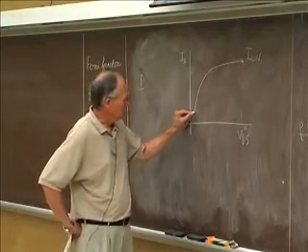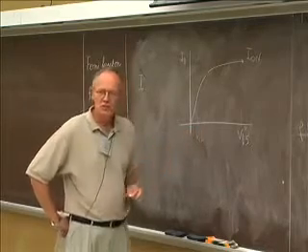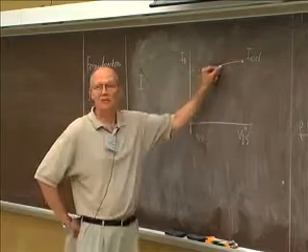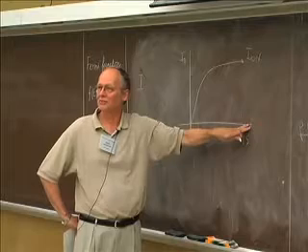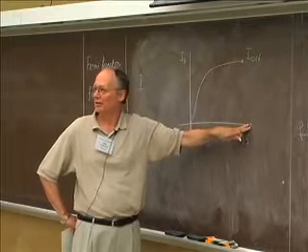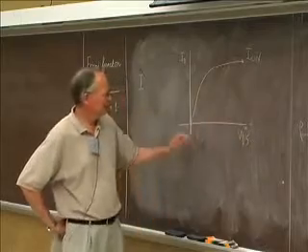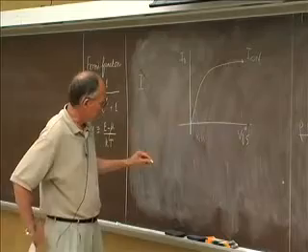And you would also like the channel resistance down here to be as small as possible so that the current goes up very rapidly and saturates, and it doesn't take a large drain voltage in order to saturate, because power goes as voltage squared, so you could operate at lower voltages. So you'd like this curve to be steep, and you'd like this value to be high.